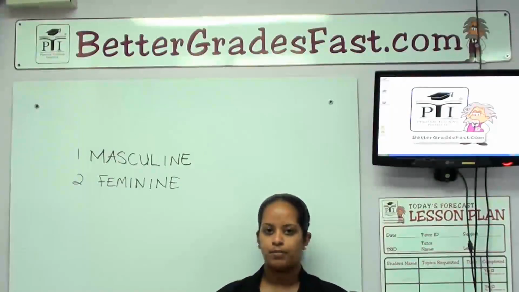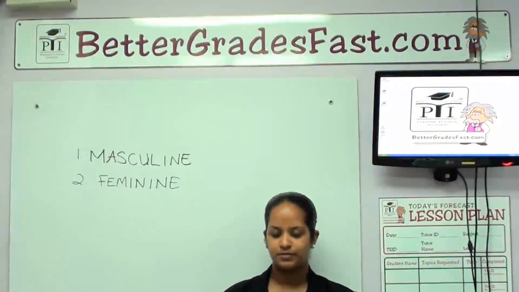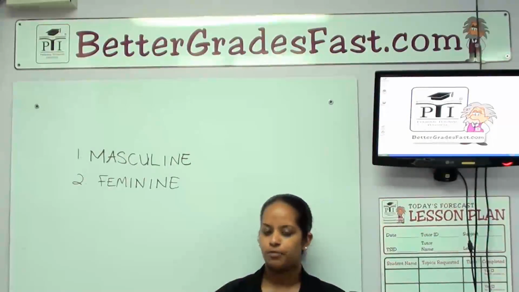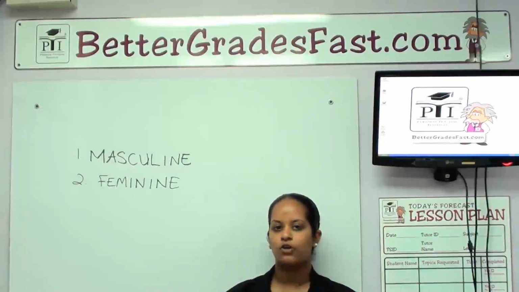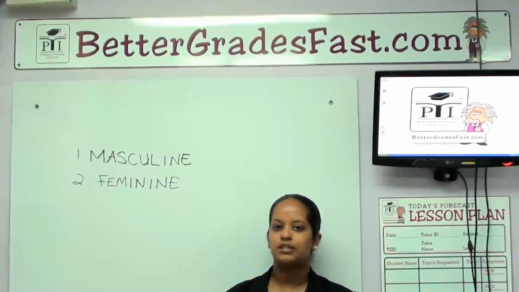Some common examples are sister, aunt, daughter, cow, and other feminine words. Think of some others that you may know. Another one could be grandmother. When we hear the word grandmother, you automatically know that this person is female, which means that this person is of feminine gender.